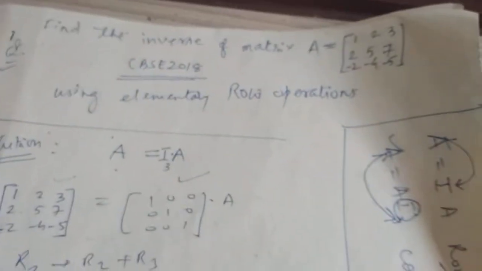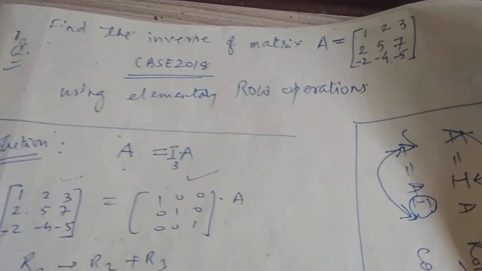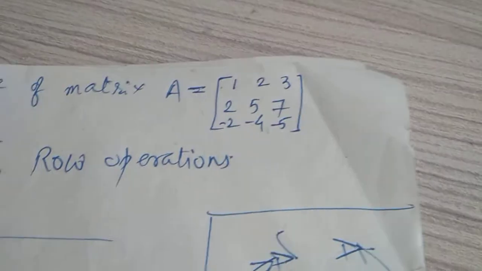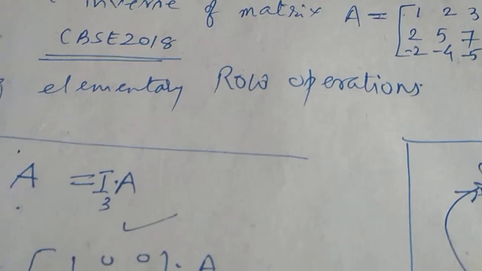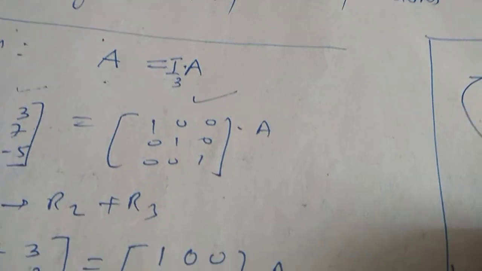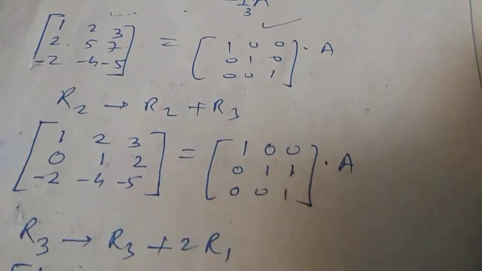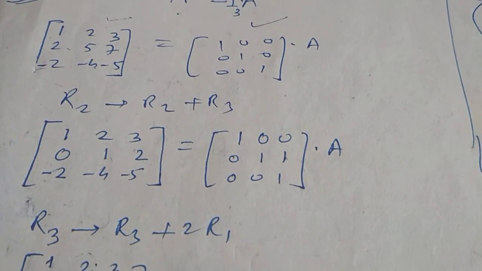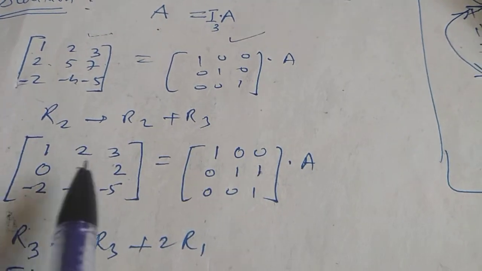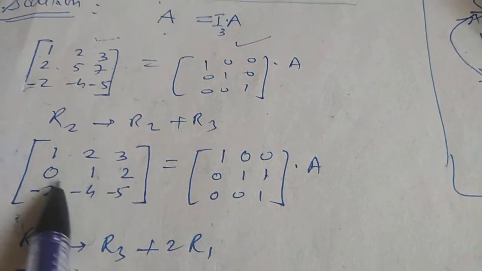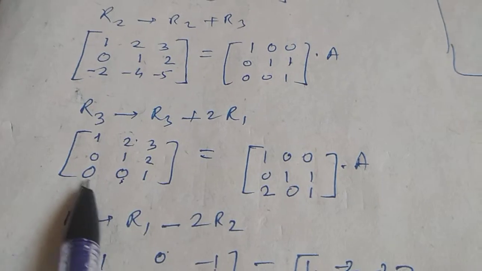It has been asked in CBSE 2018, and very clearly they mention which operations you need to apply, whether elementary row operations or elementary column operations. So A is equal to I3 A. Then we write down the very first element 1, then 0, then we need to focus on 0.